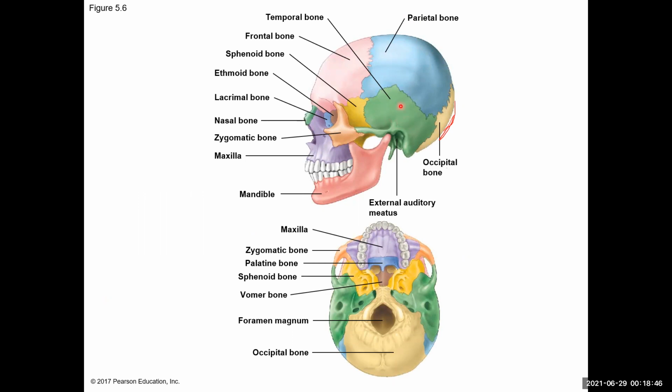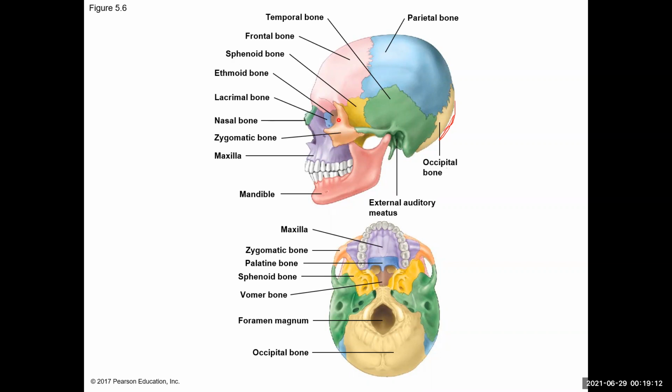The back area, kind of above your ear, is the temporal bone. And that actually articulates with what's known as the zygomatic bone, which makes up kind of the outer area of the eye orbital and the cheekbone.